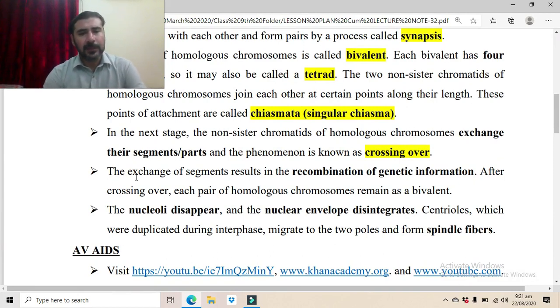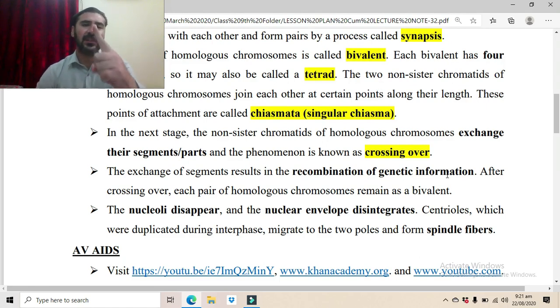In the next step, the exchange of segments results in the recombination of genetic information. Whenever parts are exchanged by the non-sister chromatids of the chromosomes, this process results in the recombination of genetic information.